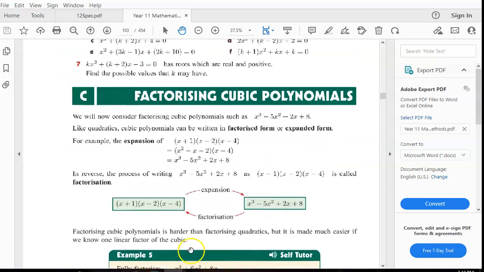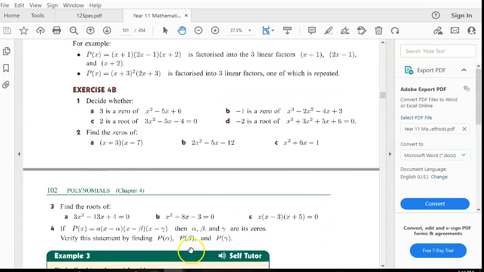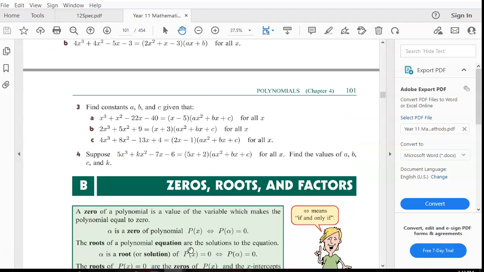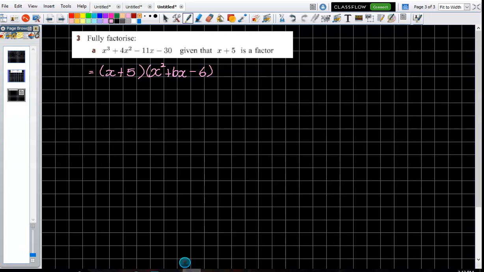Now, back to the textbook. What we did at the start of this term, isn't that the same thing? Yes? You're equating the coefficients. So you'll go over here and you'll go, okay, I will pick now x squared. And on the left-hand side, the coefficient is 4.